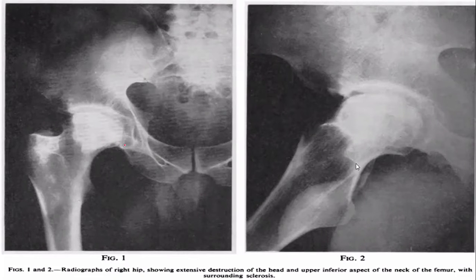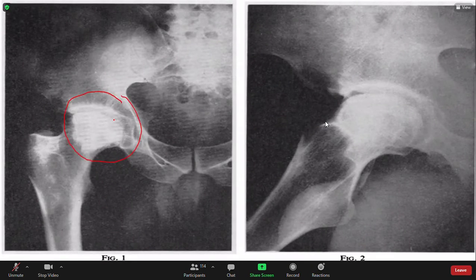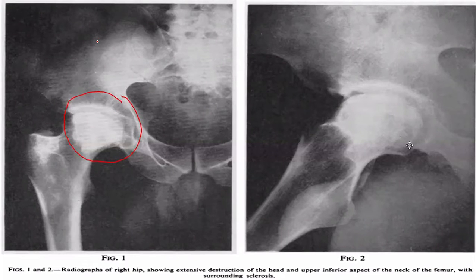Okay. So, look at this example also. You also have an area of osteonecrosis here. This is actually your right hip joint. This is your iliac bone. This is your ischium. This is your pubis. So you have your acetabulum.